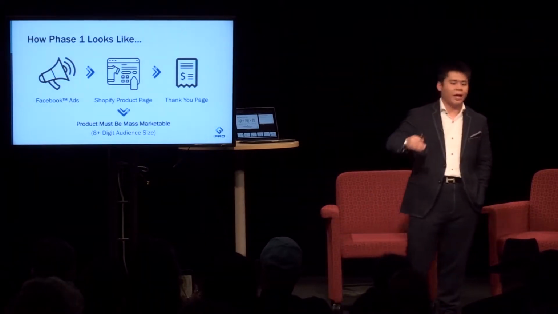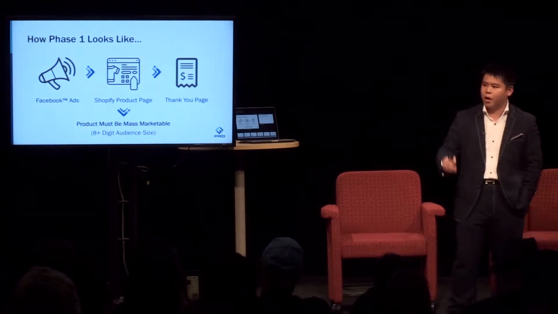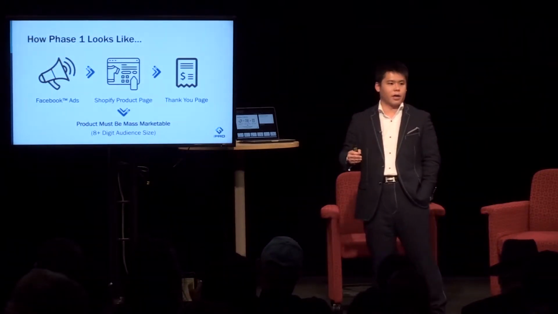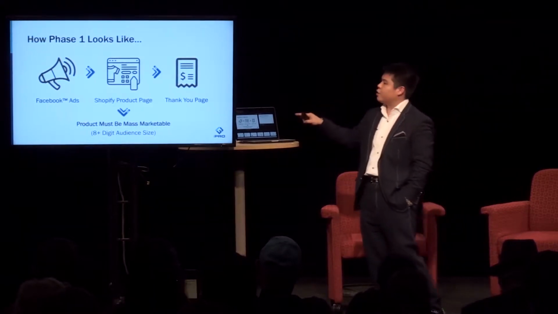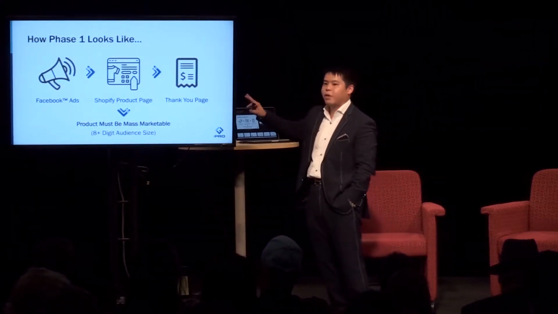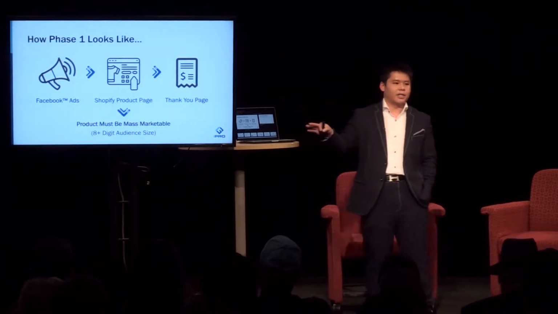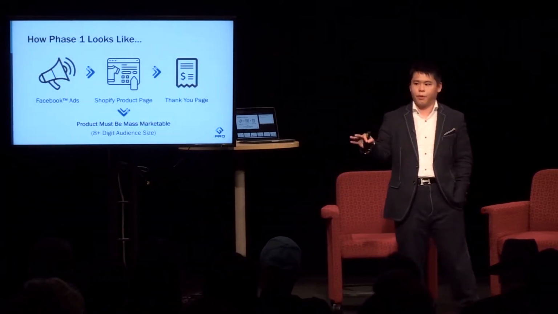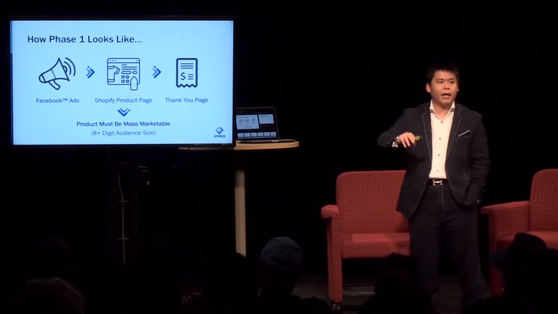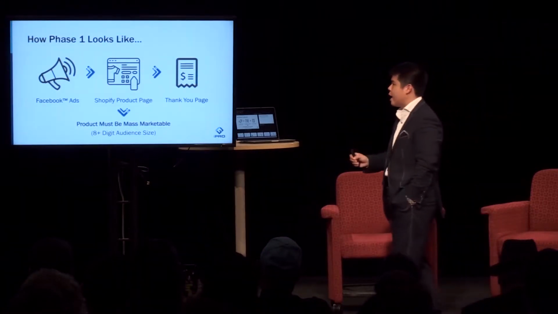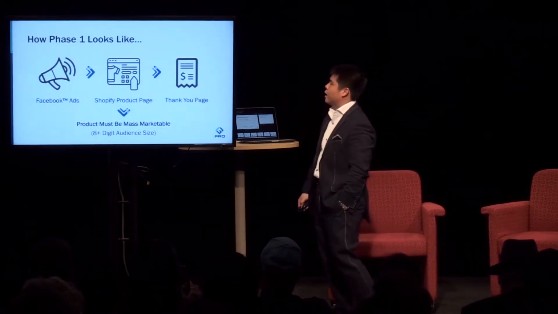If you want to build an 8-figure business, you've got to have a product that almost every single person in that marketplace will want. That's where it shines. So when you start testing this, you've got to make sure you have the ability to advertise to an 8+ digit audience size. Okay, that's really the number that you want to go for. You want to start small, but you want to see if you have the ability to go to a bigger audience size when you are in phase one.